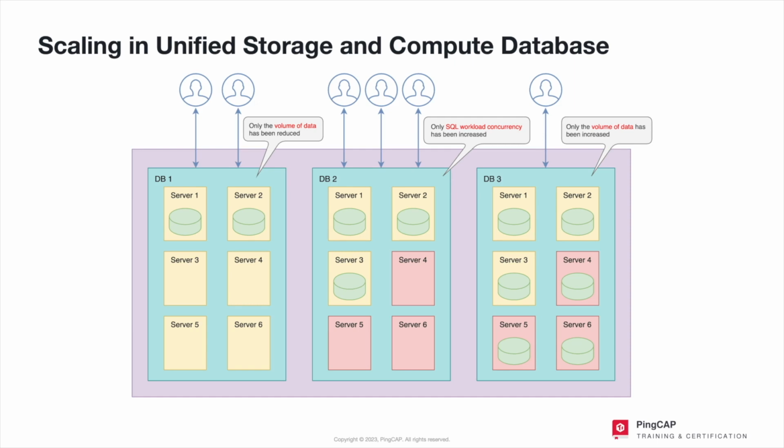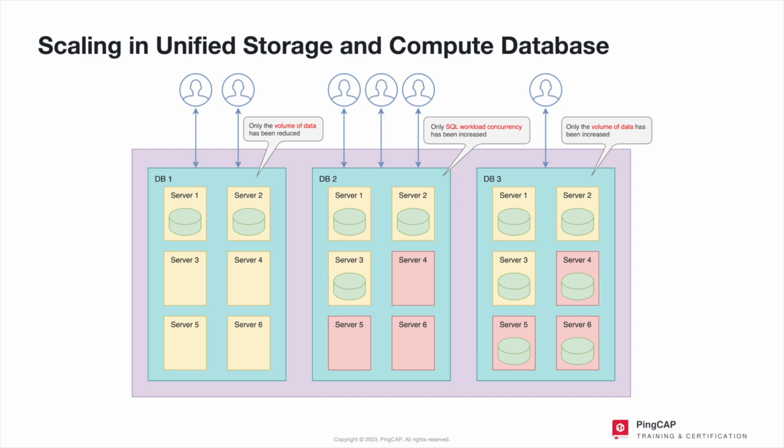Similarly, although the data volume on the DB2 tenant has not changed, the SQL load has increased, causing an increase in QPS and requiring more CPU computing power. In this situation, we must increase the number of servers. This will fix the compute issue, but will add unneeded storage capacity to the environment, making it more expensive and potentially harder to manage.